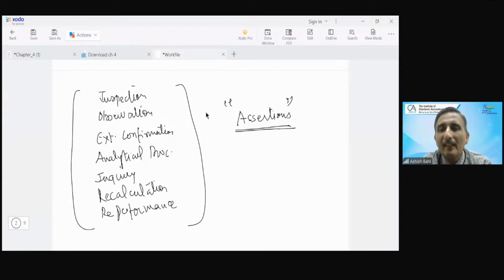They may be explicit or otherwise, and these are used by the auditor to identify potential misstatements in the financial statements. Okay. So everything you see in the financial statements, in the balance sheet, is an assertion of one kind or another.